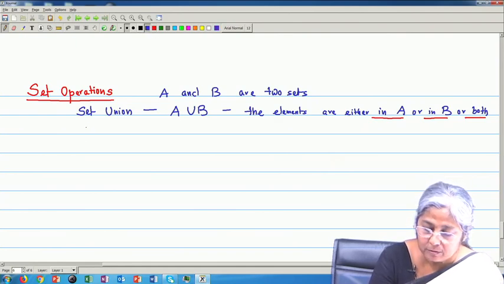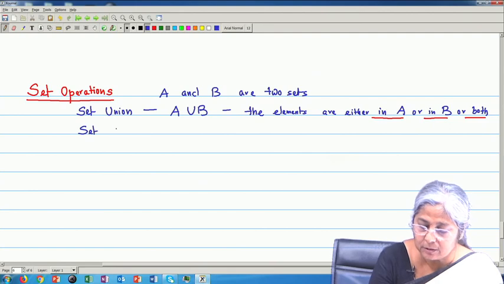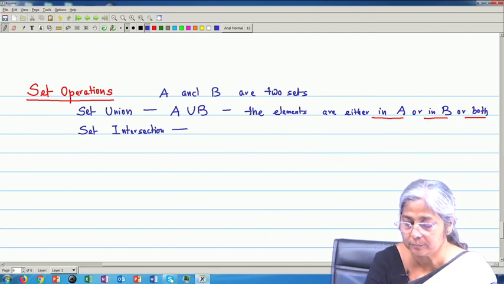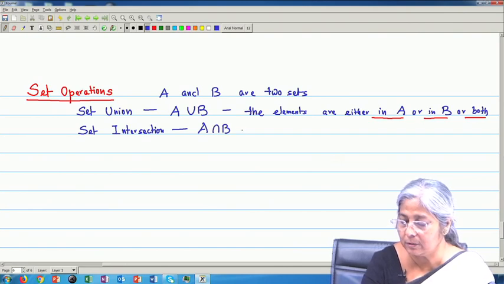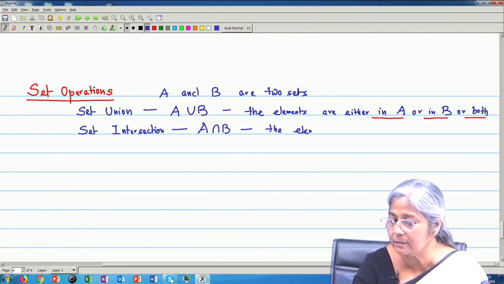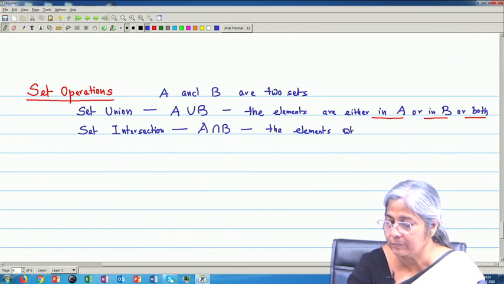We have read the set intersection. We denote it, and this is the set containing the elements which are in A and B.